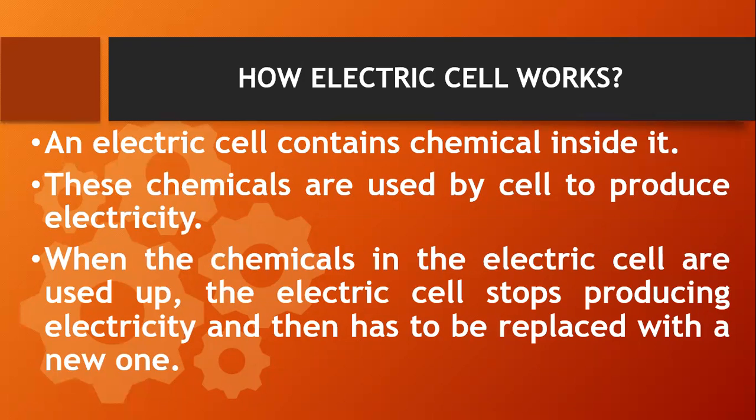Then what happens if the electric cell is not working? That means all the chemicals inside it are used up, and the electric cell can no longer produce electricity, so we need to replace it with a new one.